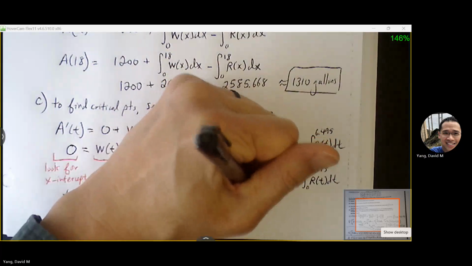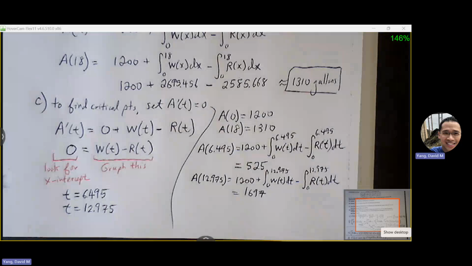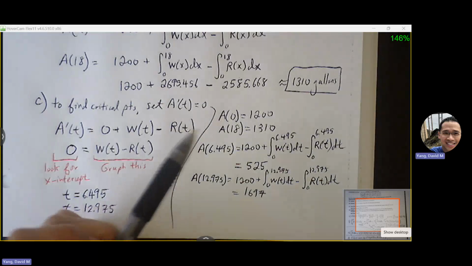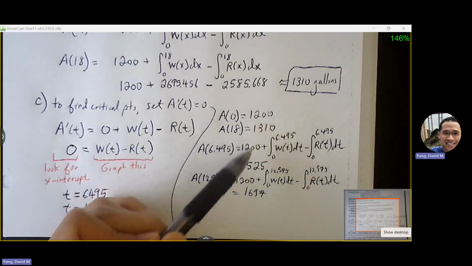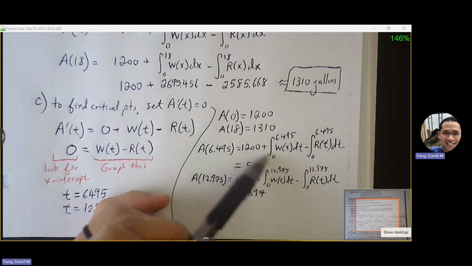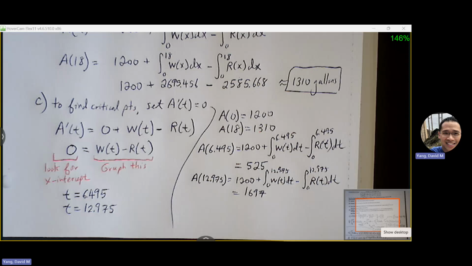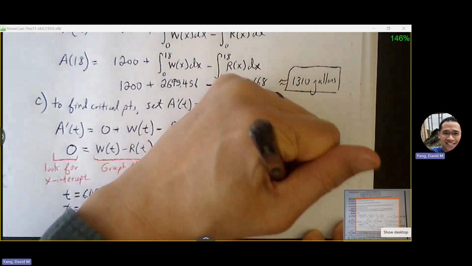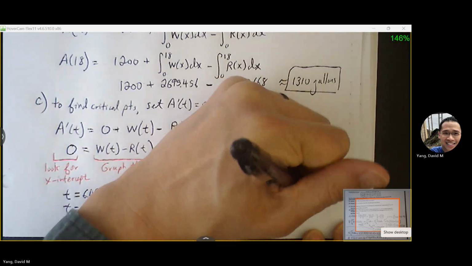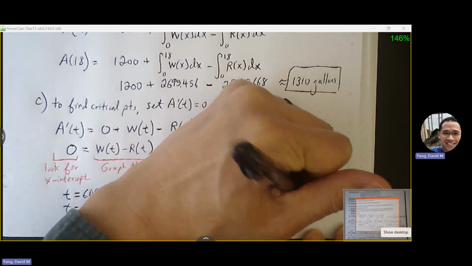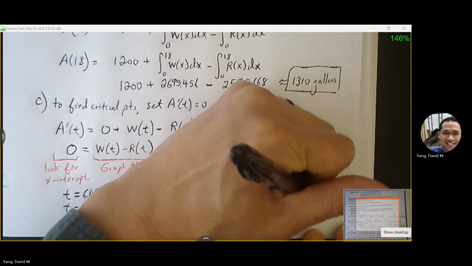So we're looking for the absolute minimum. We want to find the lowest of these values here, and we see the lowest is 525, right? So the absolute minimum is at the 6.495th hour. The absolute minimum is 525 gallons.